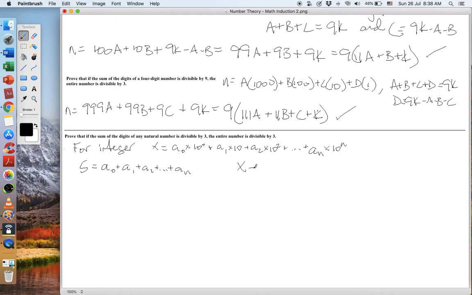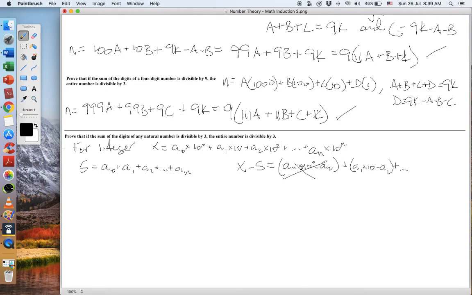And so this might seem counterintuitive for a moment, or it might not be the simplest thing to intuit for the moment, but it'll come back on us. X minus s, so we're going to take the number minus the sum of the digits, and that's going to be equal to a sub 0 times 10 to the 0 minus a sub 0, which is nothing, plus a sub 1 times 10 minus a sub 1 plus dot dot dot.